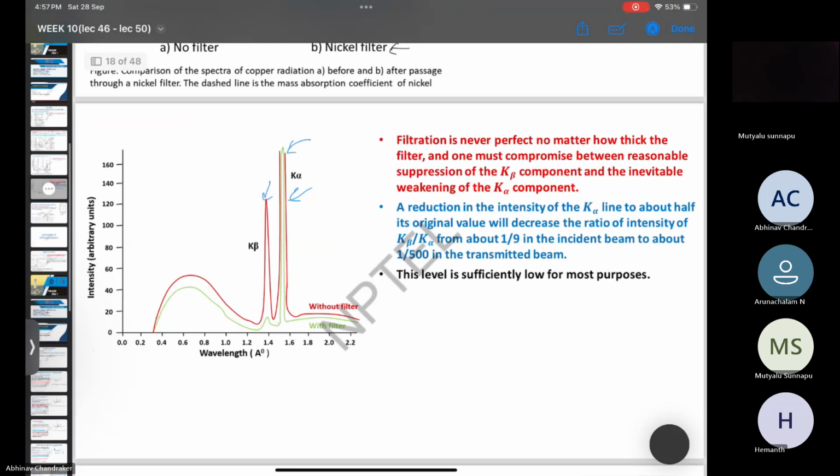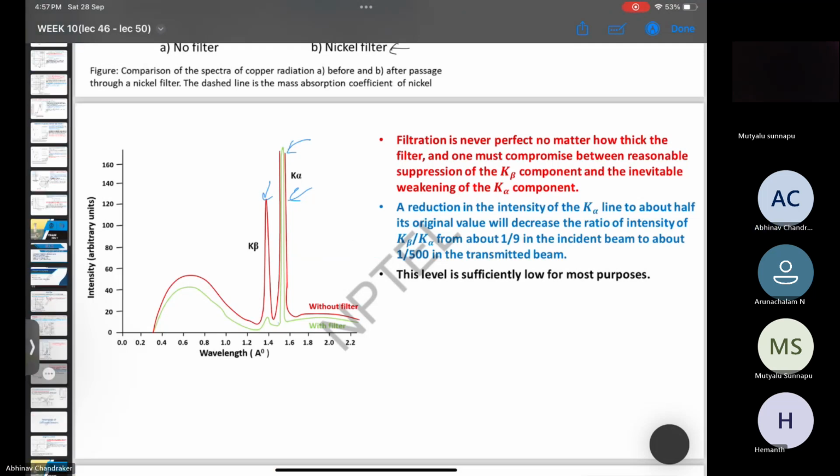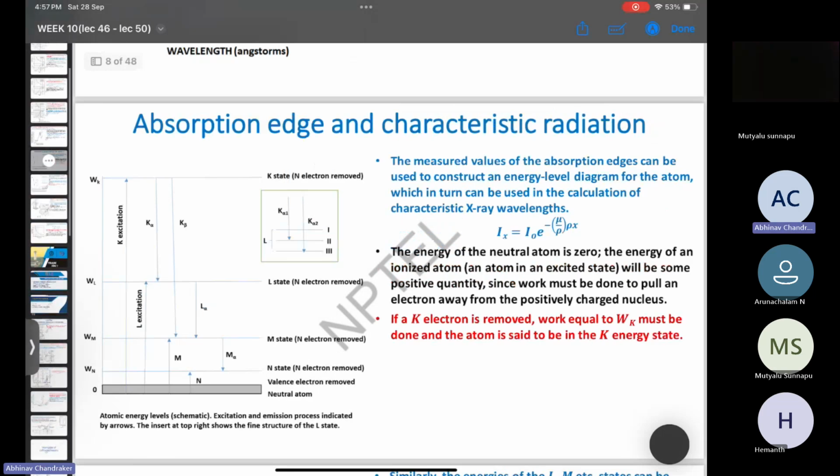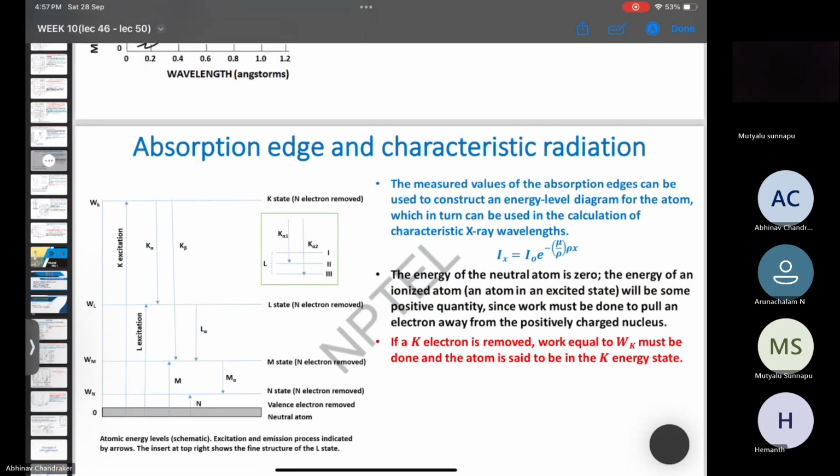So here's the formula for absorption of an X-ray beam. We need to know the linear absorption coefficient, which is given by mu.